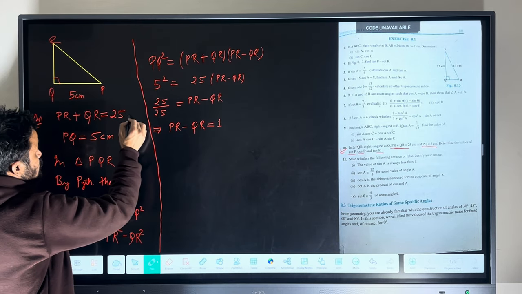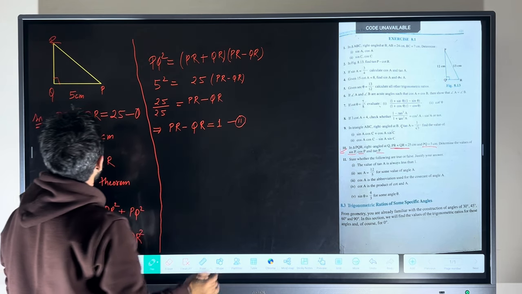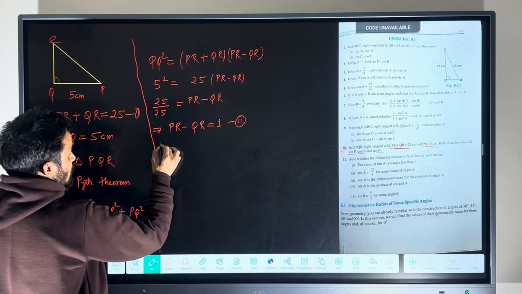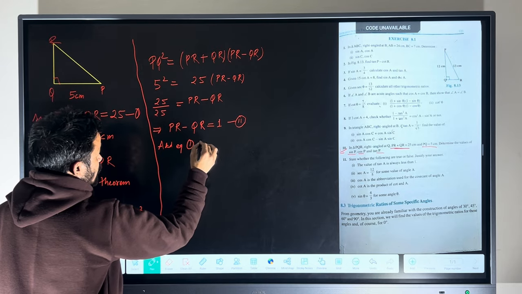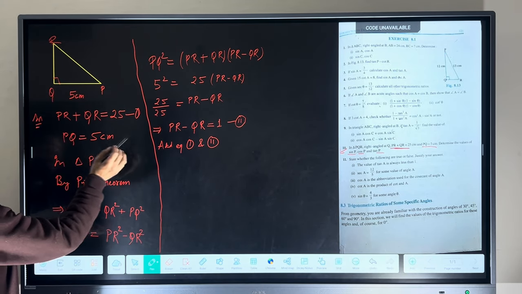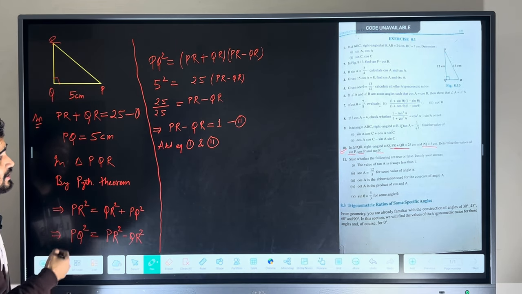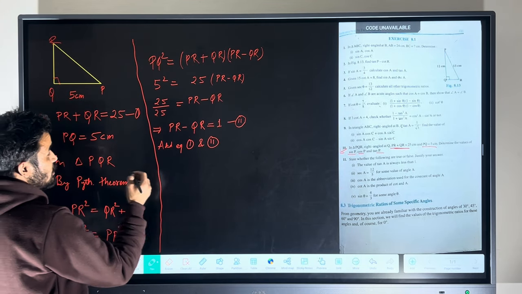So we have two equations. This is equation number 1, and suppose this is equation number 2. Add equations 1 and 2. Why do we add? Because here QR is positive and here QR is negative, so if we add, QR will cancel out each other and we get the value of PR.